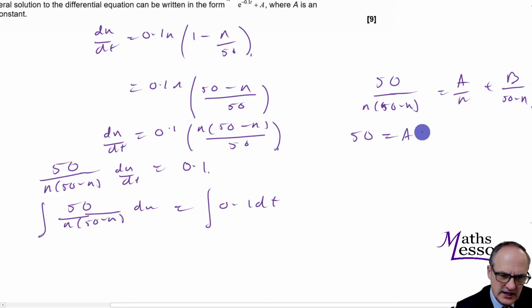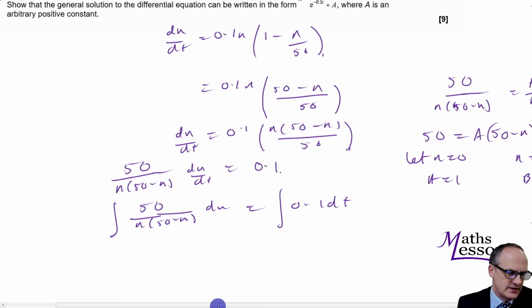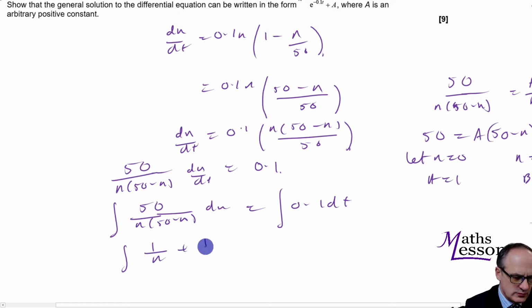So therefore, I'm going to get a times 50 minus n here, plus b times n. If we let n equal 0, this will become 0. So this will become 50, so a will equal 1. And if we let n equal 50, this will become 0. And we get 50b equals 50, so b will equal 1. So now I can rewrite this as my partial fractions. So I've now got 1 over n plus 1 over 50 minus n dn.